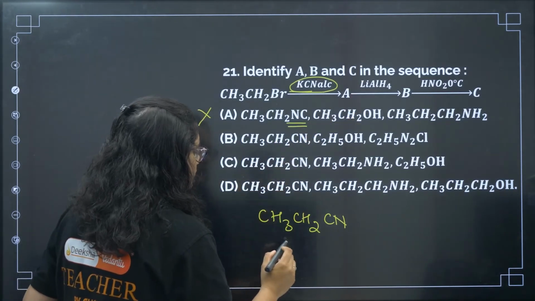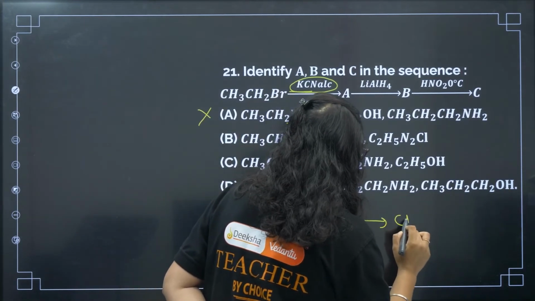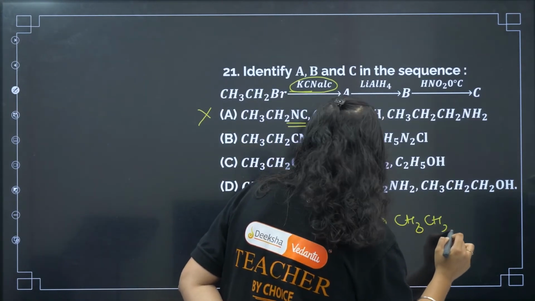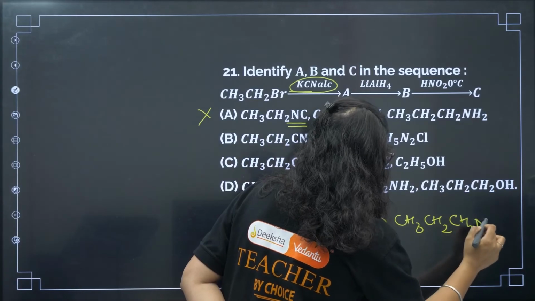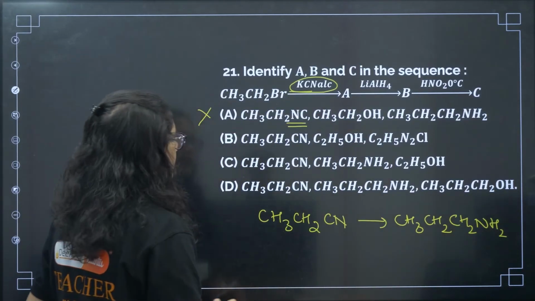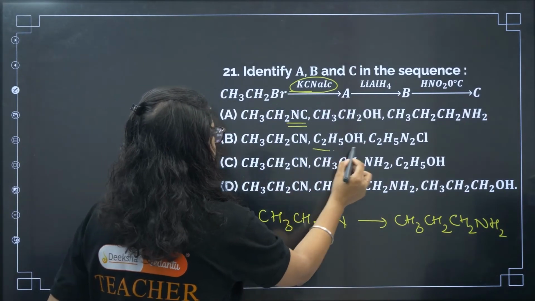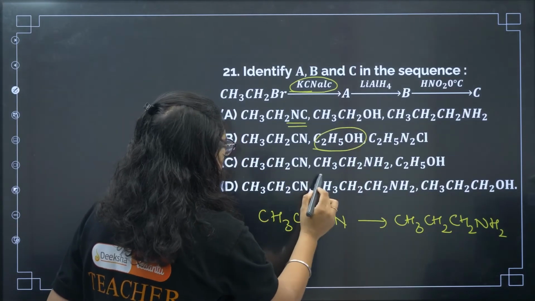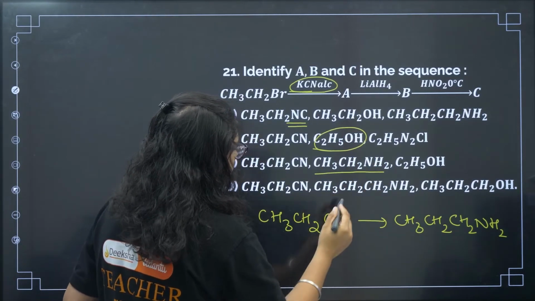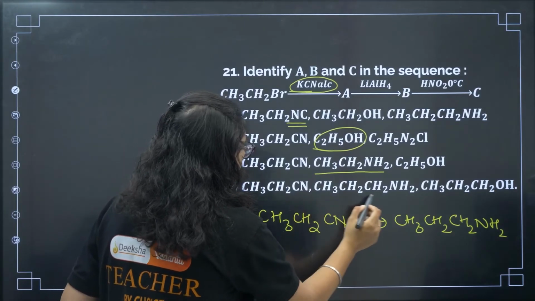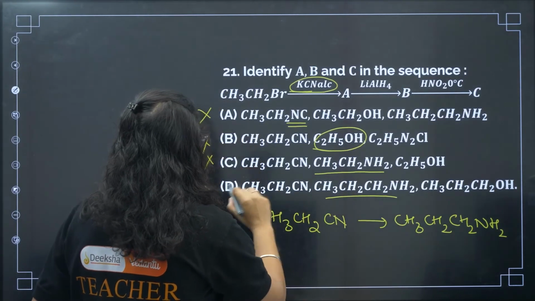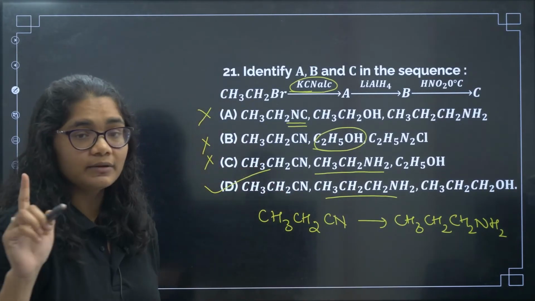Now LiAlH4, if you treat, it will reduce this one. I'll get CH3CH2CH2NH2. We'll get an amine here, right? So here you see in B we are getting an alcohol. This cannot be the answer. So yes, this can be the answer, but here one carbon is less, right? So this can also not be the answer. So the correct option is answer number D.